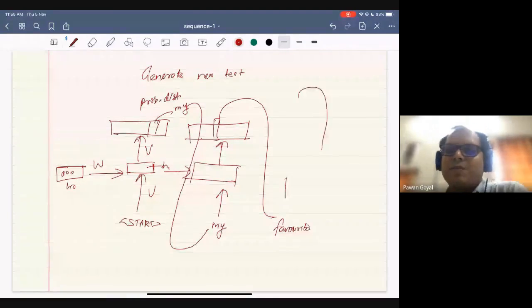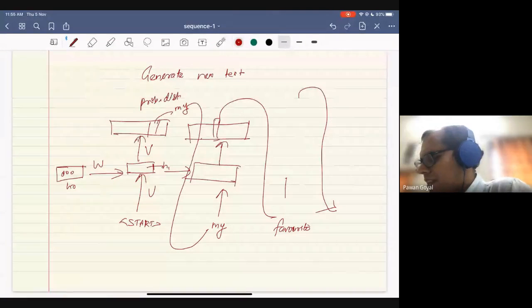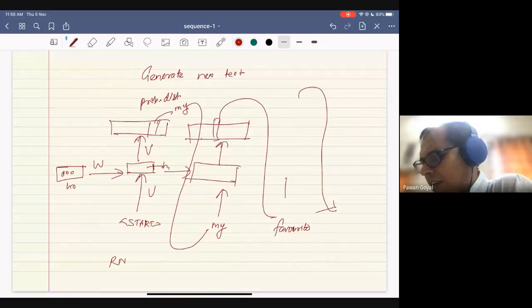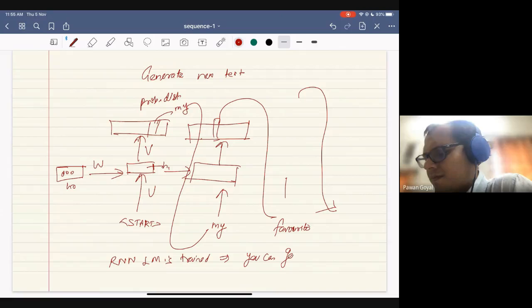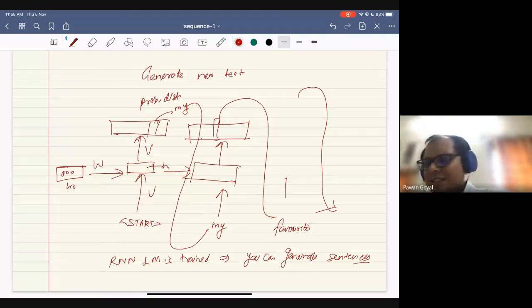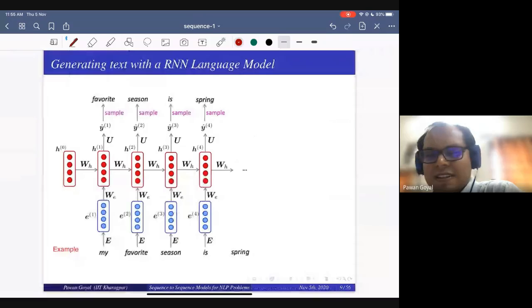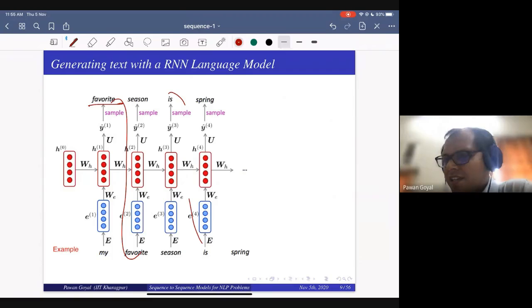And like that, you can keep on generating new text. So once your RNN language model is trained, you can generate sentences. You just take the output, either sampling or taking the word with the highest probability, feed it in next, and keep on doing that. So you can generate text.